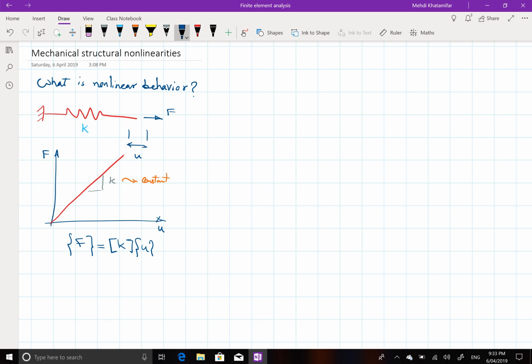Okay, what if we didn't have that constant K? So usually materials behave like this. If we had this case, we don't have a linear graph here.